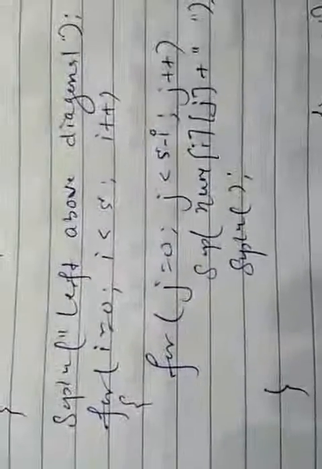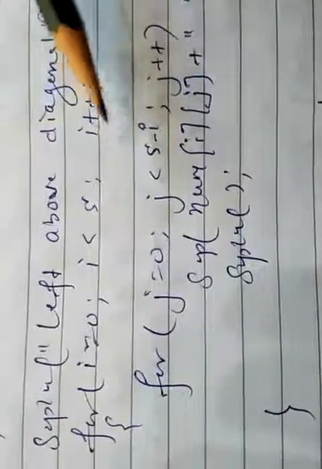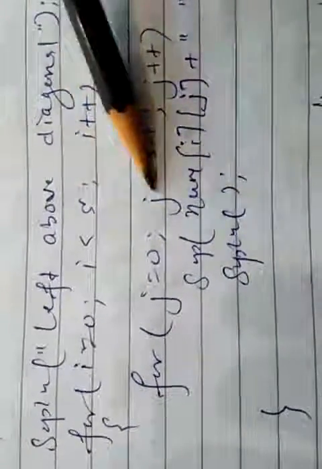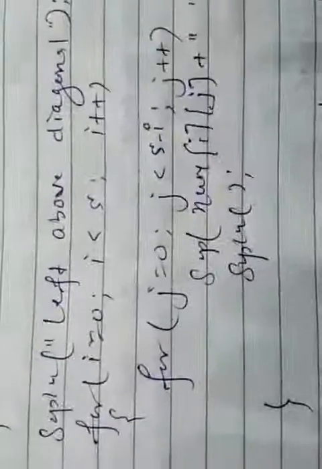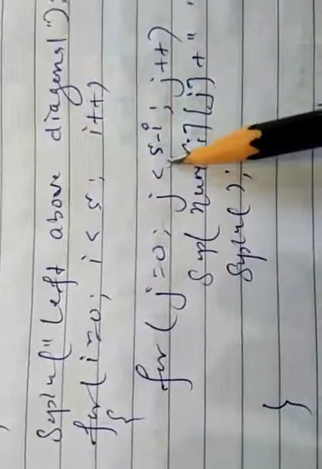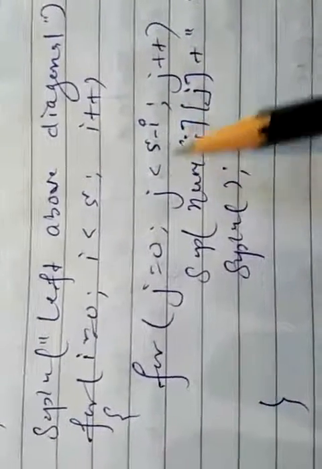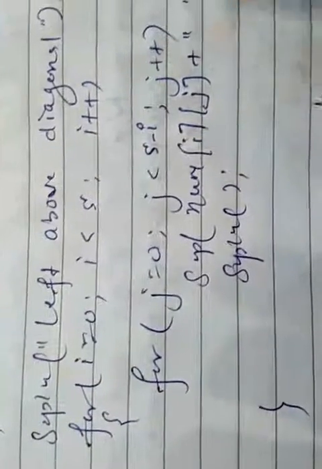Now the next one is the left above diagonal. So first we write i equals 0, i is less than 5, i plus plus, and j starts from 0, and the condition is j is less than 5 minus i. So here 5 minus i will be 5 minus 0, which is equal to 5, then j plus plus.